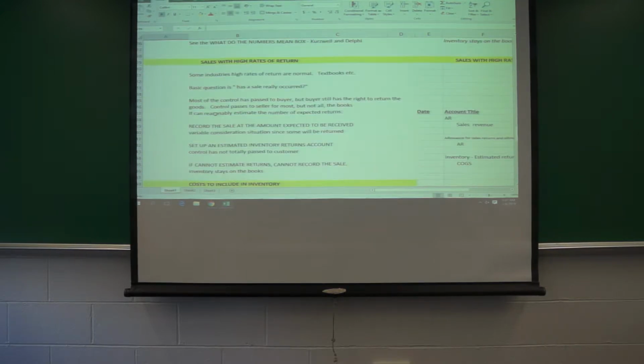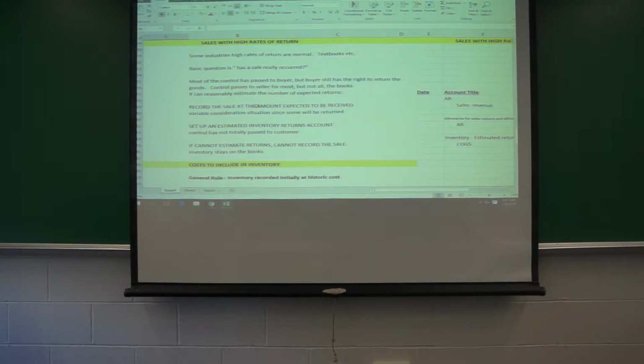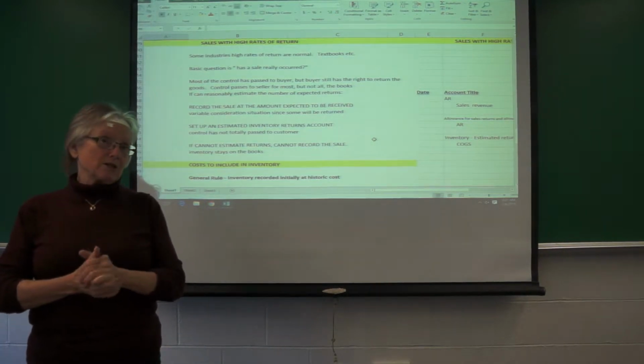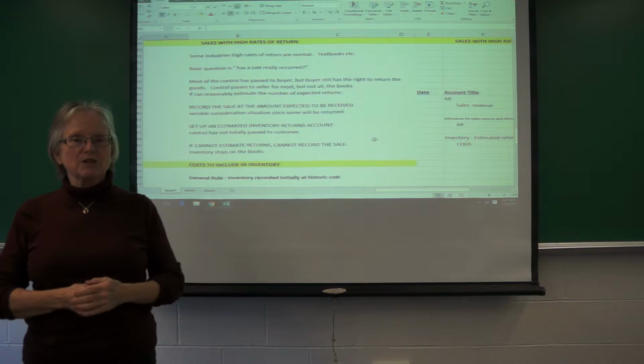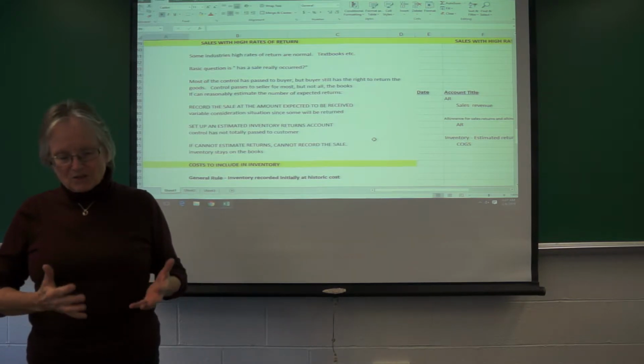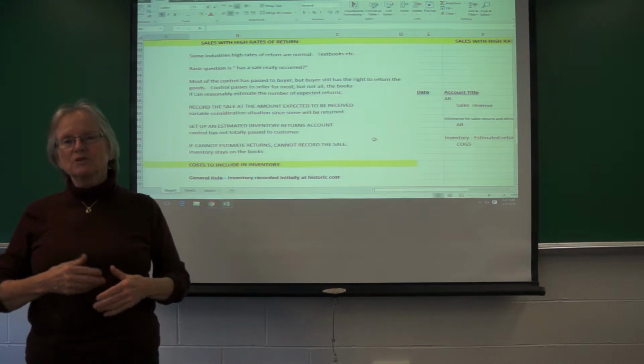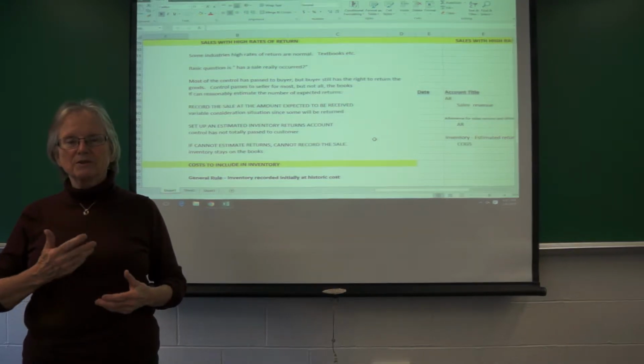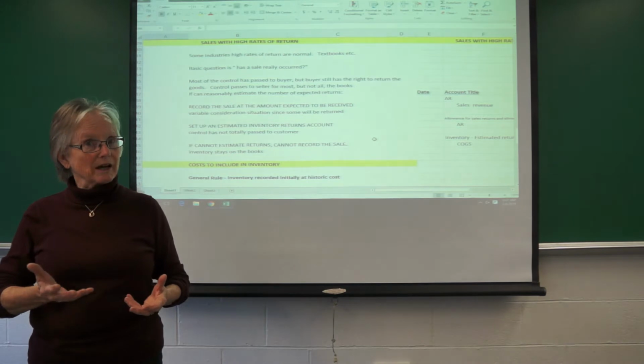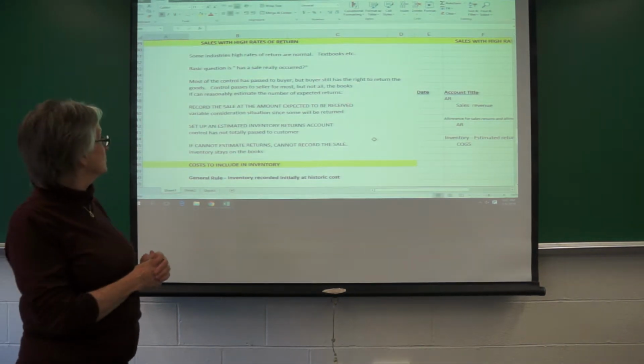The other thing we have to deal with are sales with high rates of return. This is normal in a lot of industries, like textbooks, where, say, 30% normally get returned. So the goal of recording the accounts receivable is to have that on the books at what the company expects to collect, or the consideration they expect to receive.